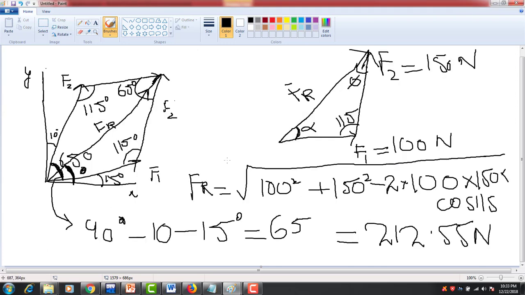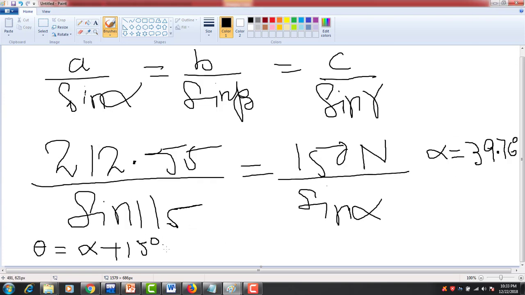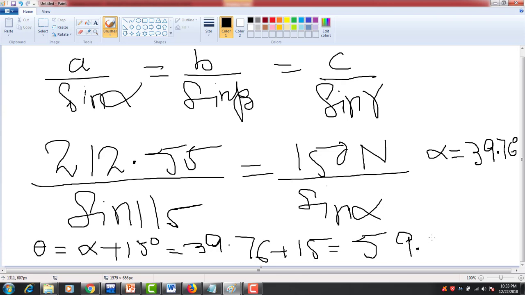This angle alpha here, alpha plus 15 degree is equal to theta. So 39.76 plus 15 is equal to 59.76 degree. This is the direction of the resultant force.